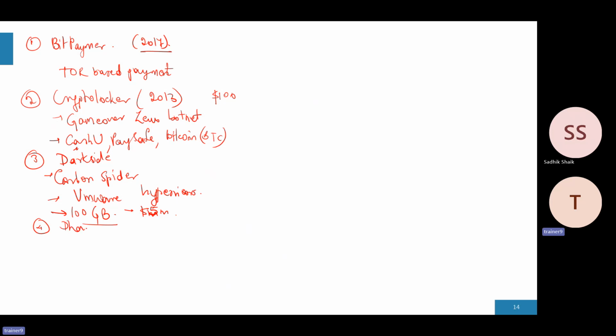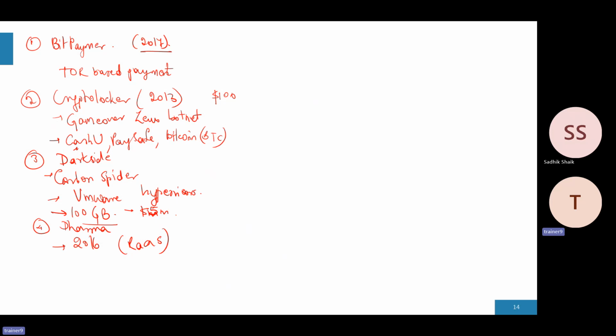Then Dharma was one other incident that happened. Since around 2016 there was this ransomware-as-a-service, the RaaS model, where developers primarily try to sell to criminals who were unable to create and carry out an attack, right?